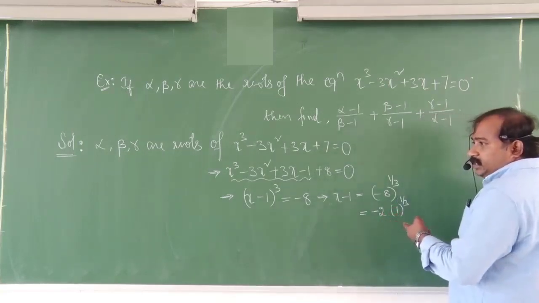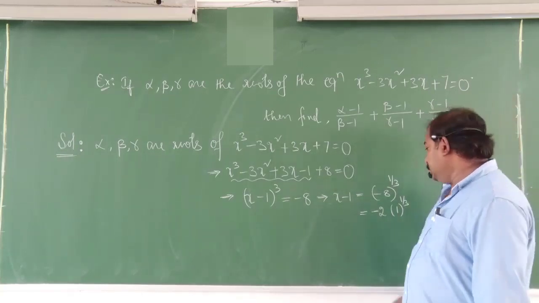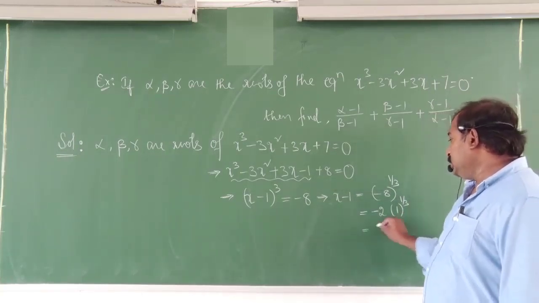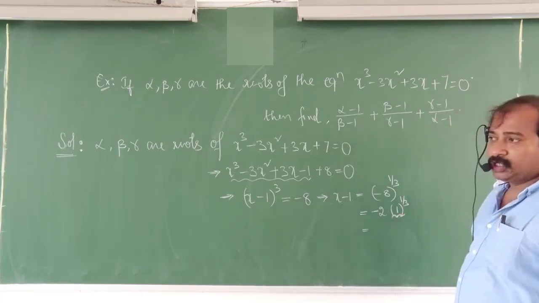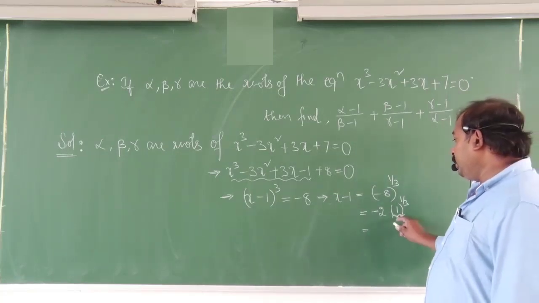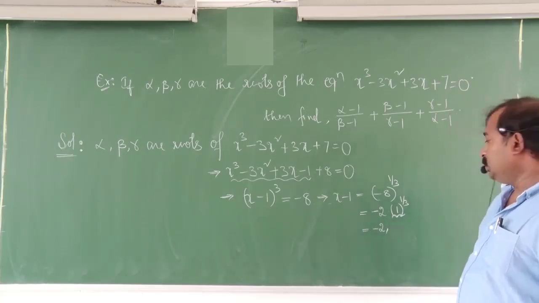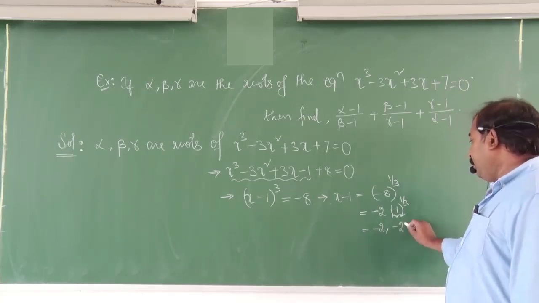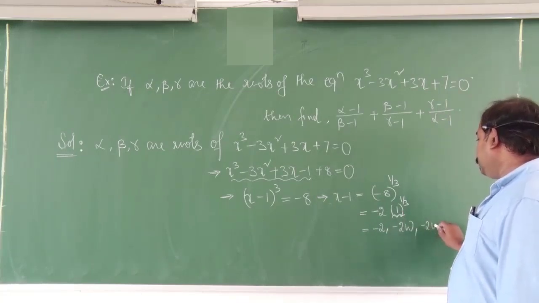Minus 2 into minus 2 into minus 2, minus 8. Into 1 power 1 by 3, which is nothing but the cube root of unity. What are the cube roots of unity? 1, omega, omega square. If you take 1, you get minus 2. If you take omega, minus 2 omega. If you take omega square, minus 2 omega square.